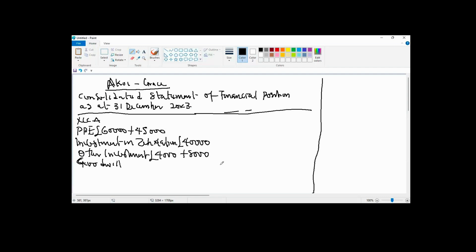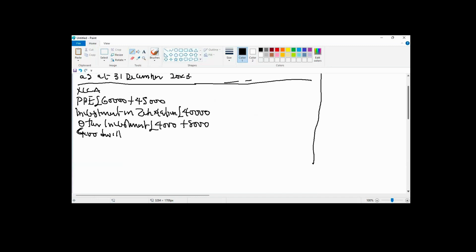After the goodwill, I leave space. I go to the current assets. Inventory, 10,000 plus 20,000.